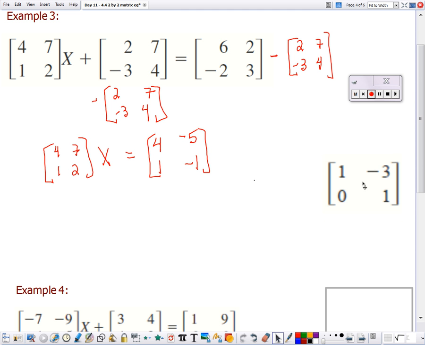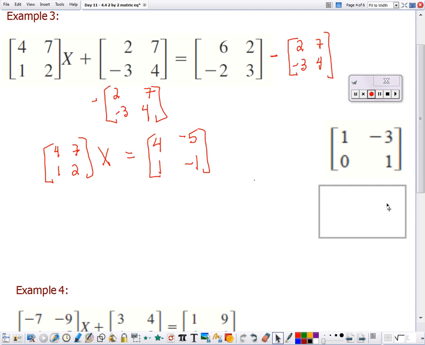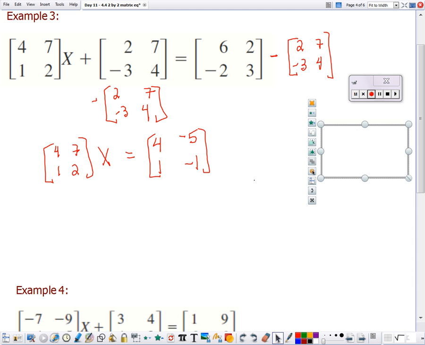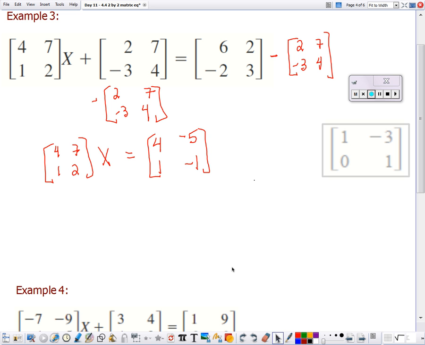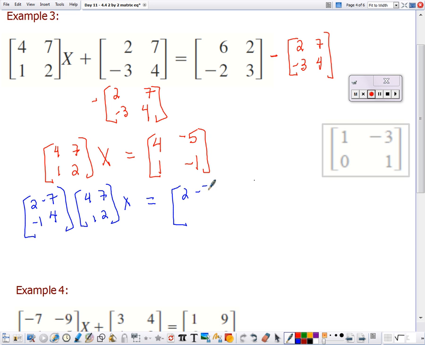Your answer should be this matrix here in the gray box. That's your answer. I'm going to show you how I got that. The inverse of this, the determinant is 1 again, so the inverse is switching and making these negative. So I need the inverse on this side first.